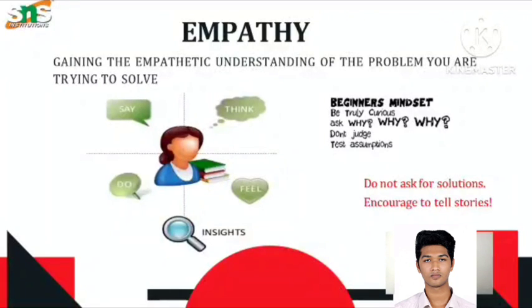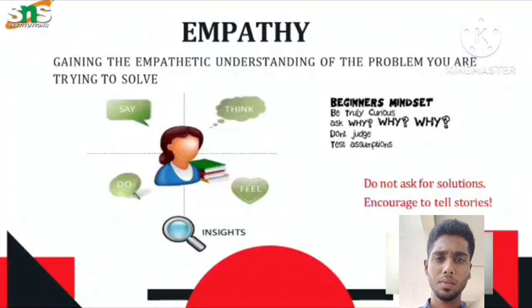And after gathering the ideas, we should also know how the problem is occurring. Then we should go to the field and check the problem and how this occurs. These three parts come as observe, engage, and empathize.